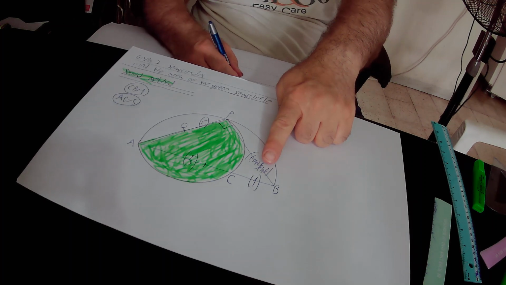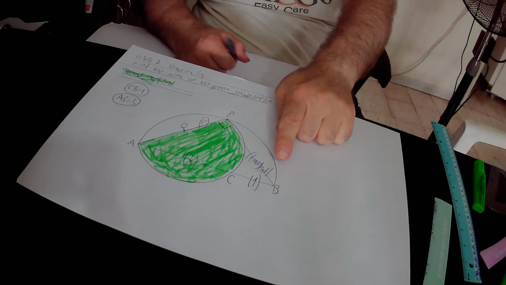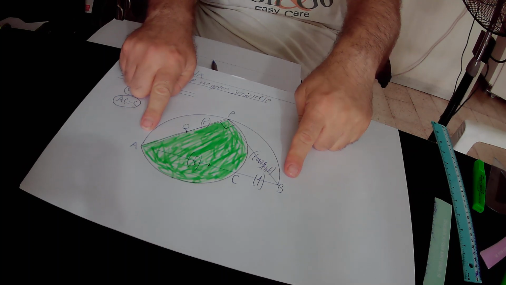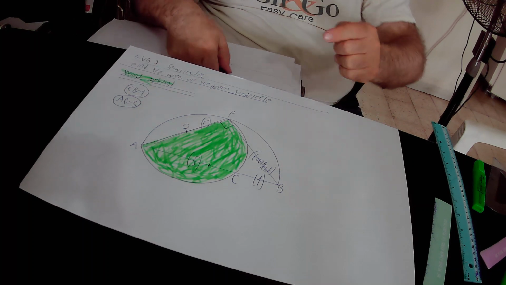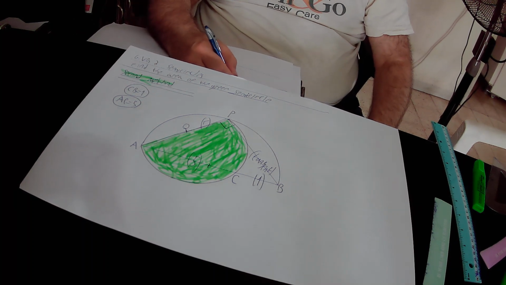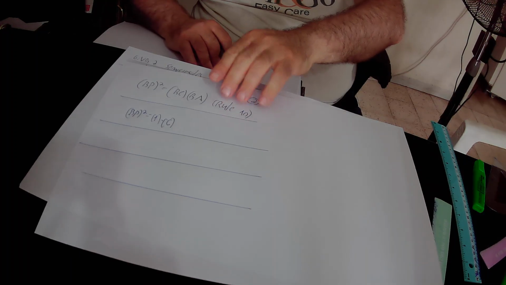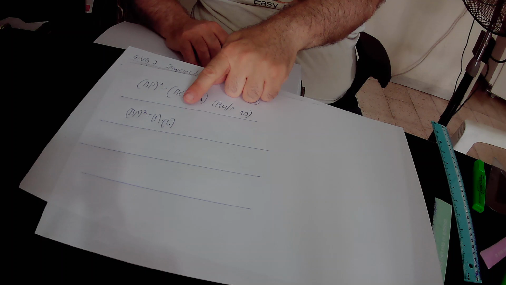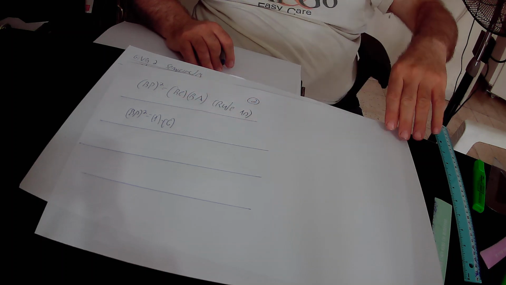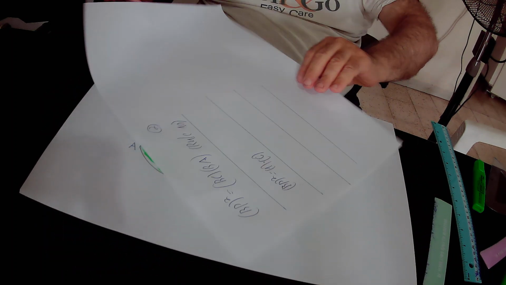BC is 1, so we substitute BC by 1, times BA. BA in total equals 5 plus 1, that is 6. So we substitute BA by 6. So in conclusion, according to rule 10, BP squared equals 1 times 6, that is 6. So BP squared equals 6.